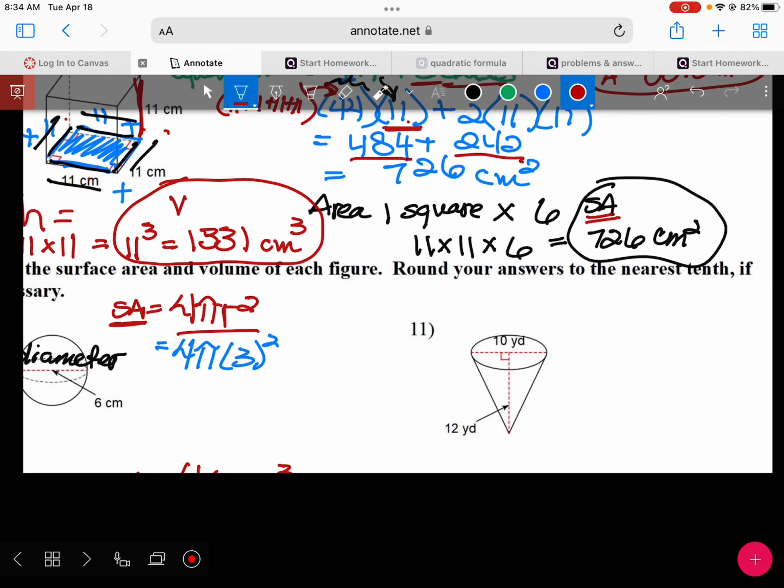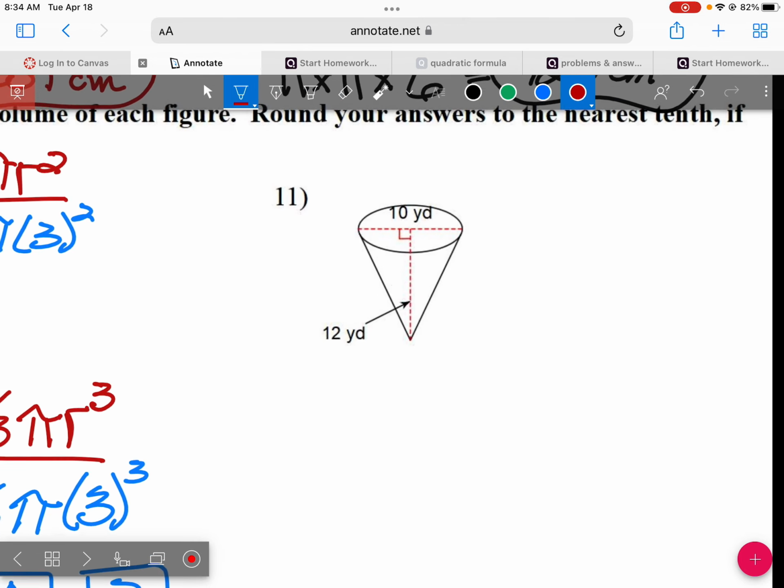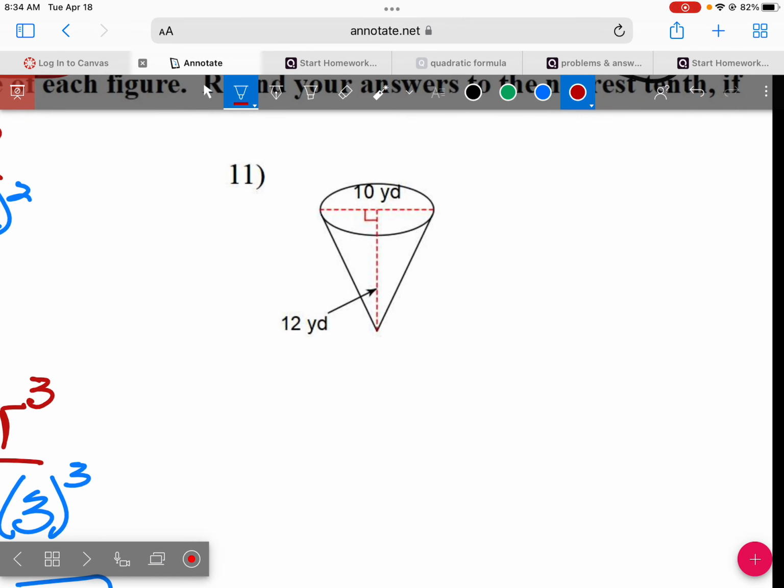All right. Let's go to number 11. What do we call that figure? You have to know what it's called before you can find the correct formula. A cone. And surface area of a cone. What does it say on your formula sheet?